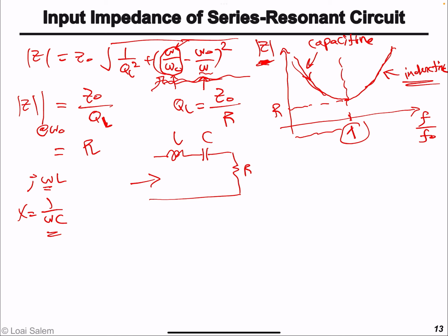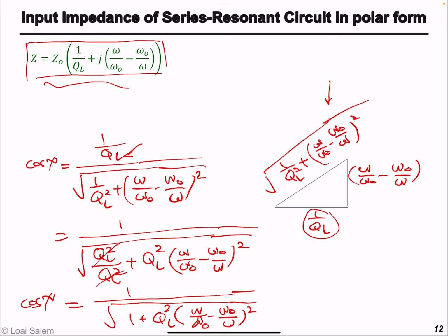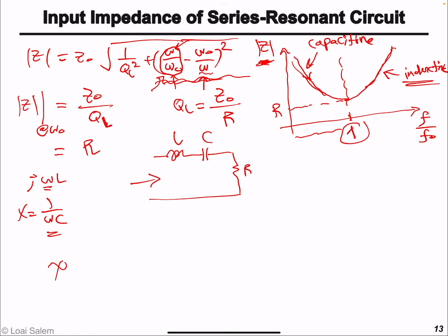Now let's look at psi, the function of psi, which we found its expression as tan inverse QL multiplied by omega over omega node minus omega node over omega.